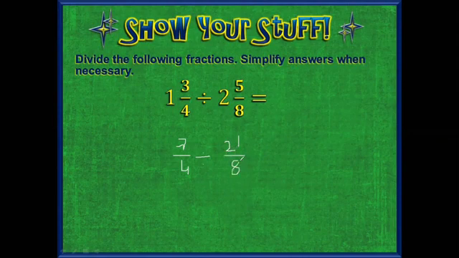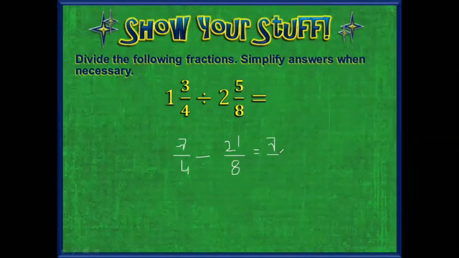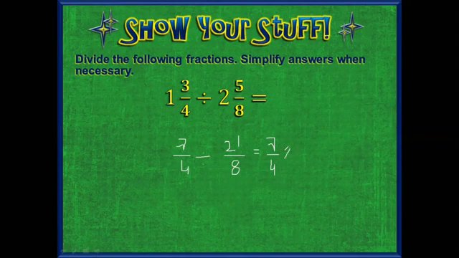Now, since I have fractions on both sides, I can apply the strategy keep, change, flip. I can easily put them on the same fraction bar in order to use cancellation before multiplying them.